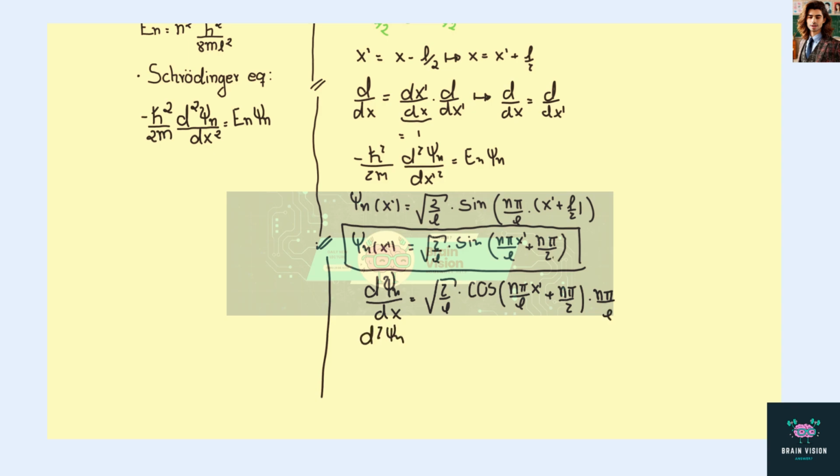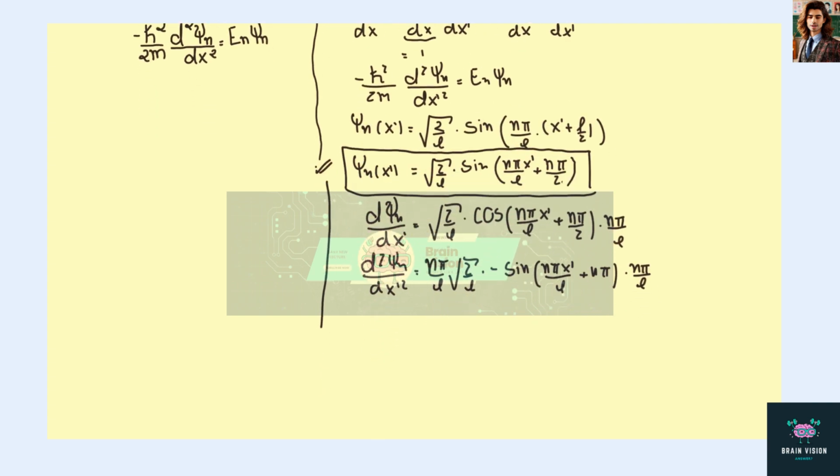The second derivative of psi n with respect to x prime squared is equal to n pi divided by L times the square root of 2 over L times the derivative of the cosine, which is minus sine. So minus sine of n pi x prime divided by L plus n pi over 2, times, again, an extra factor of n pi over L. So we get the following. d squared psi n divided by dx prime squared is equal to, this is just psi n again, the square root of 2 over L times sine.